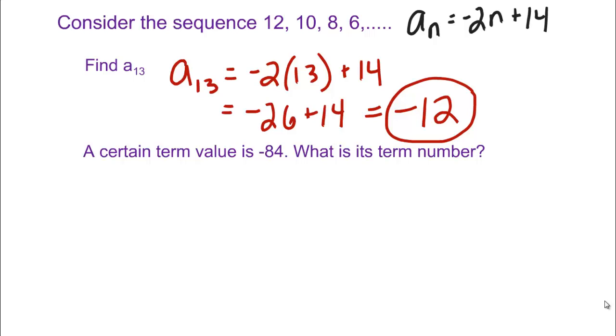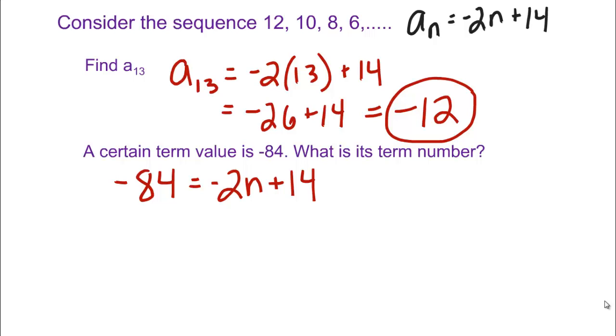Let's see if we can go the other way. A certain term value is -84. What is its term number? Well, if an is -84, but I don't know what n is, I can still plug in. We're just plugging in for an instead of for n. And now I can solve.